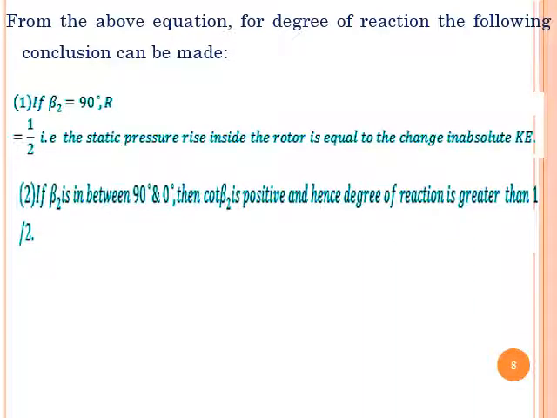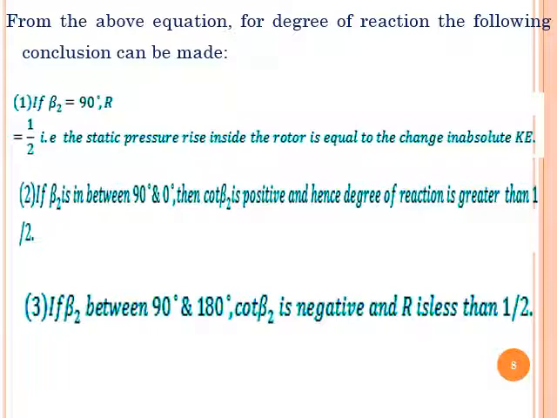The second conclusion is that in case beta 2 is in between 0 and 90 degree, then cot beta 2 is positive, hence the degree of reaction is greater than half. Correct. In case beta 2 angle is in between 0 and 90, at that time the degree of reaction is greater than half.